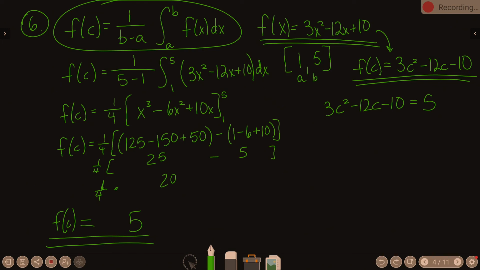It's a quadratic, yes? I don't have it factorable, so make it equal to 0, right? 3c squared minus 12c minus 5 equals 0. So it wouldn't be a plus 10 like it was on the f of x, or would it?